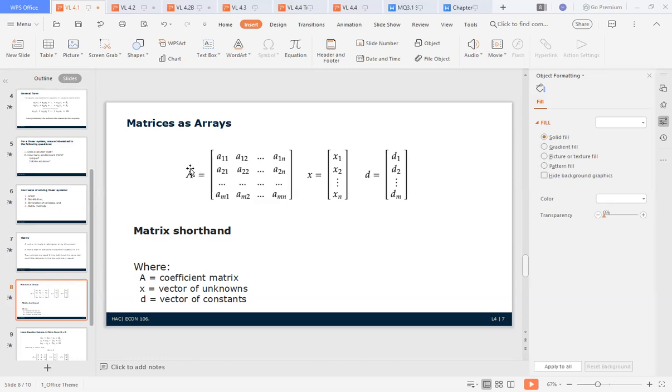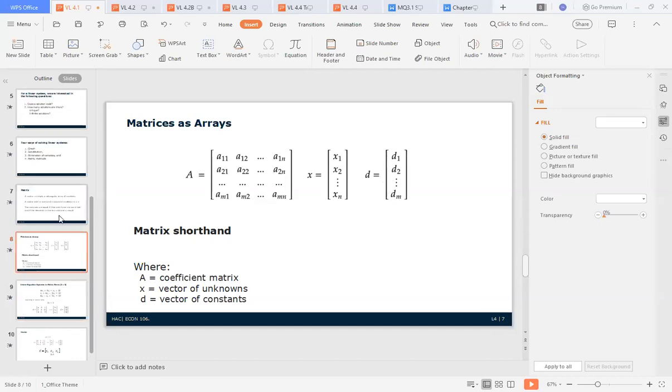Usually we just denote this one as matrix A, depending on the label, matrix A, B, or C. In this example, that is matrix A. Matrix A consists of coefficients. Matrix X here consists of the unknowns or the variables, and sometimes it's called the vector of unknowns. And we also have a matrix for constants here.